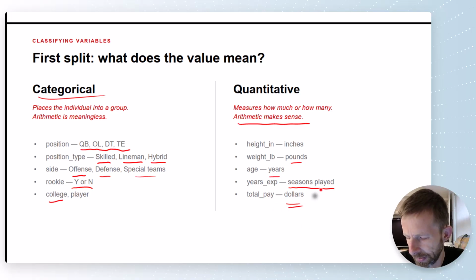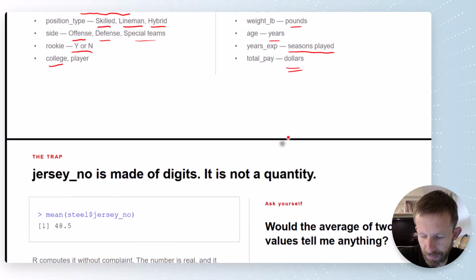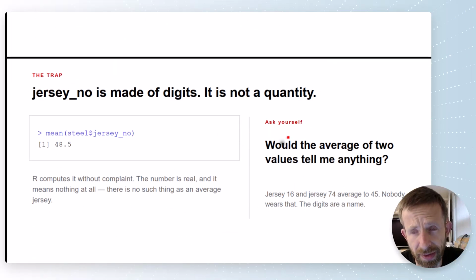Obviously, these different distributions, if I look at the distribution of all 93 players along these different variables, they show up and they look different. So jersey number is one of the variables, and someone's jersey number is made up of digits. Someone can be number 10 on a football team.